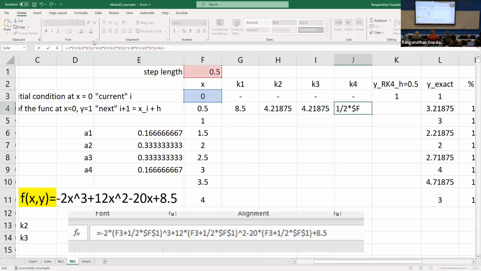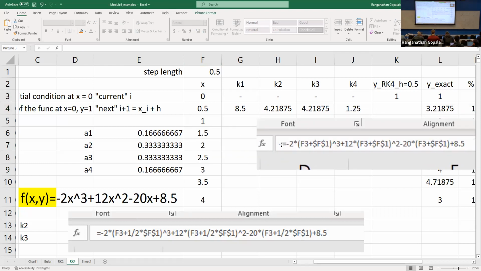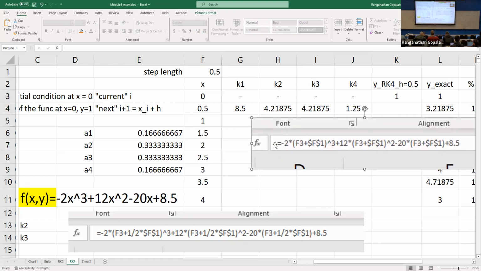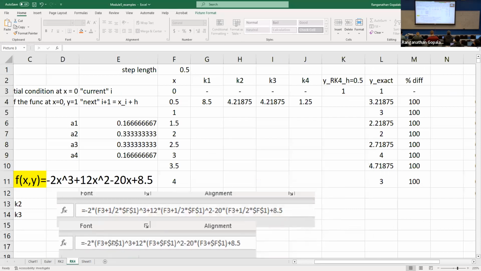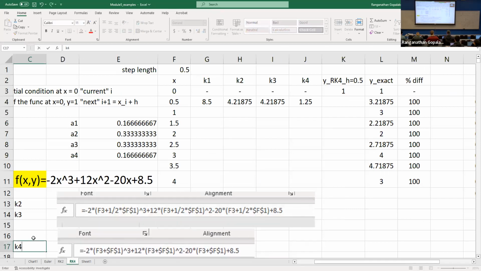Wherever half F1 appears, remove the half, and you're there. Let me take a screenshot. So this is K4. It doesn't have half. This is Xi plus H, not Xi plus half H. So you have K2, K3, and this is K4.